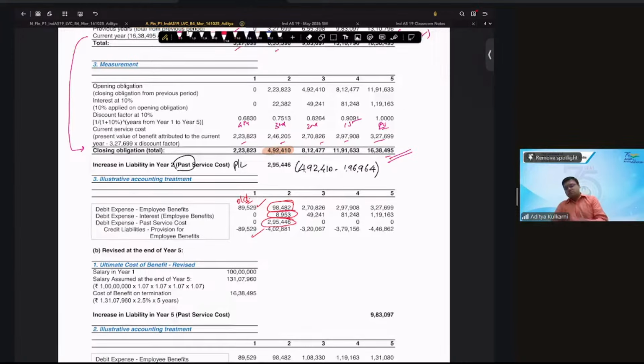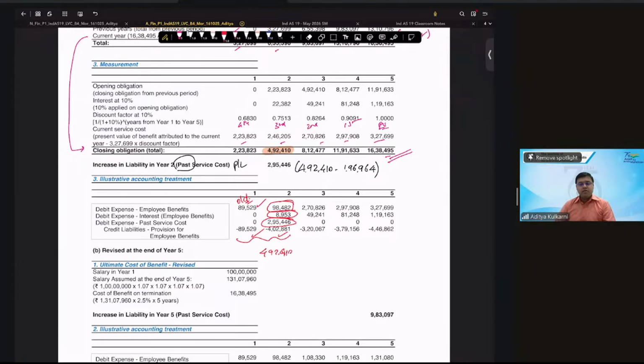Now by booking this, you are moving from the old plan to the new plan. So your provision for employee benefits will be credited with 4,02,000, bringing the total to 4,92,410. Are we able to follow?